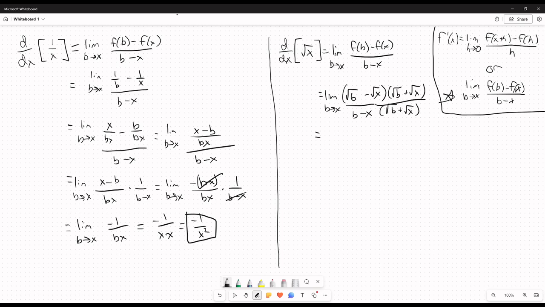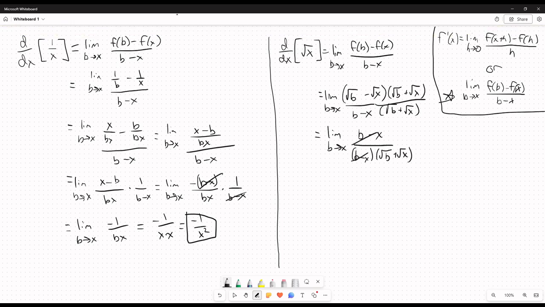When we do that, the numerator just ends up being b minus x. Using our difference of perfect squares formula, this is just square root of b squared minus square root of x squared, over b minus x times square root of b plus square root of x.